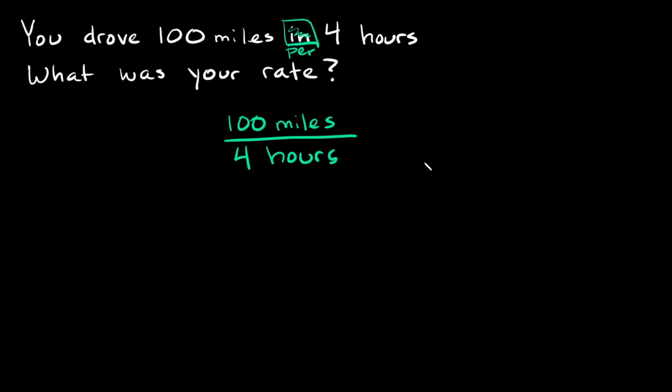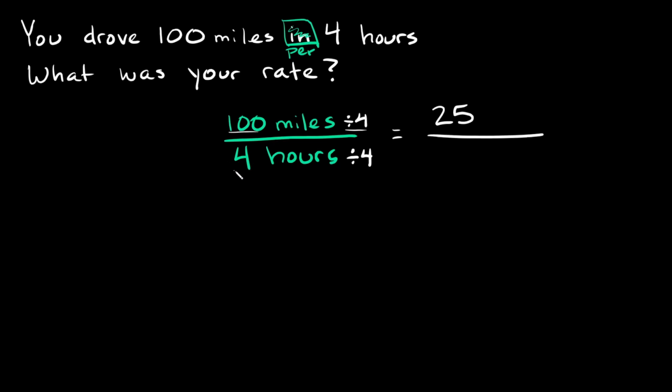Now, if you notice something, we can also reduce this fraction, right? 100 over 4. How can we reduce that? Well, both numbers are divisible by 4. Okay, so I can divide the top by 4 and I can divide the bottom by 4. Okay, so what's 100 divided by 4? Well, that's equal to 25.